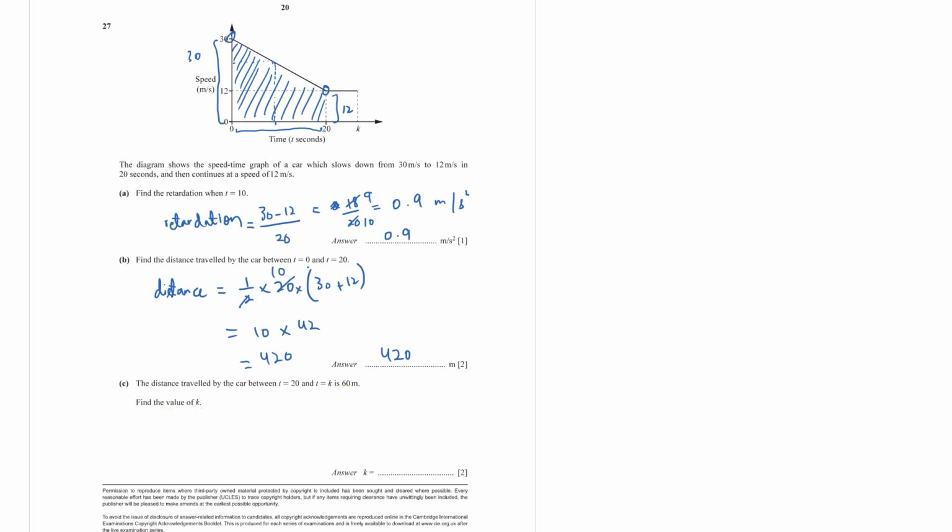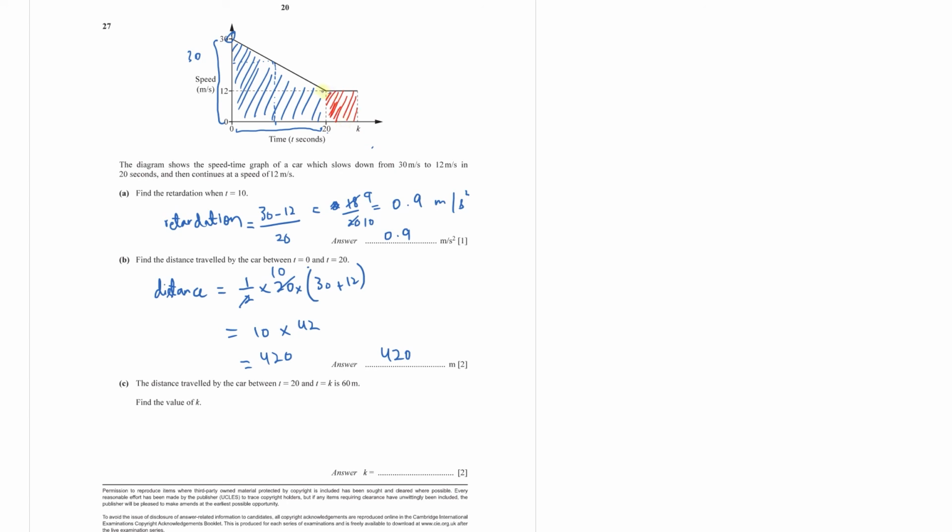So let me erase this so it's a little bit neater. So the distance between t equals to 20 and t equals to k is 60 meters. So this area here, let me actually represent this in red. All this area will give you the distance traveled by the car. This area in red will give you the distance traveled by the car between time 20 and k.